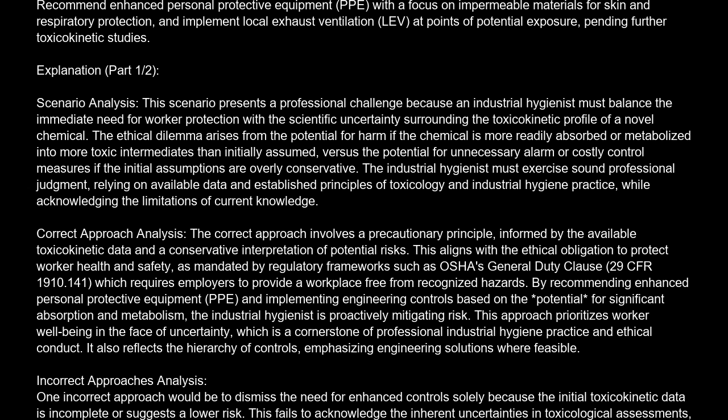The industrial hygienist is proactively mitigating risk. This approach prioritizes worker well-being in the face of uncertainty, which is a cornerstone of professional industrial hygiene practice and ethical conduct. It also reflects the hierarchy of controls, emphasizing engineering solutions where feasible.